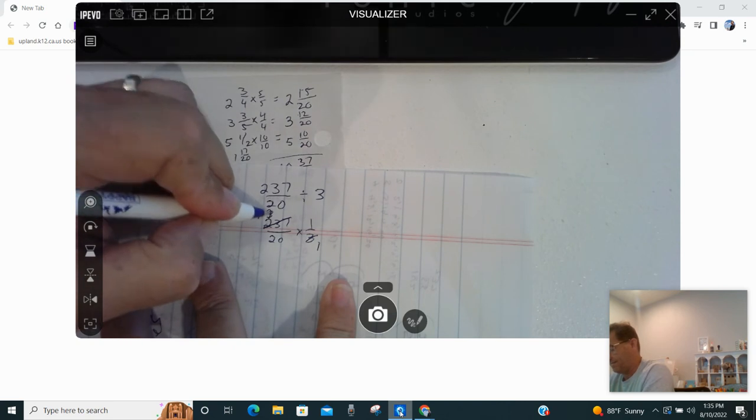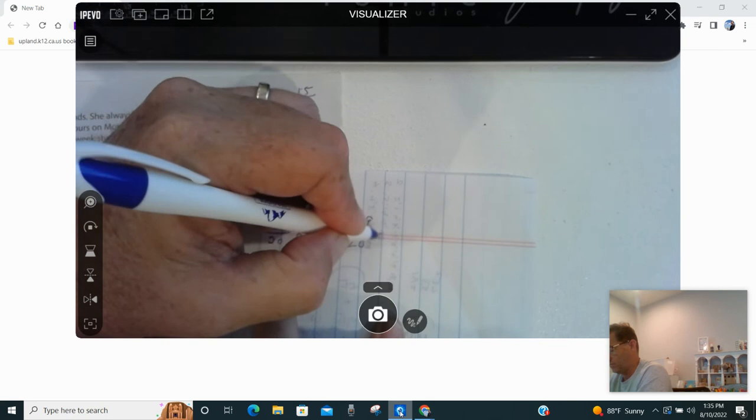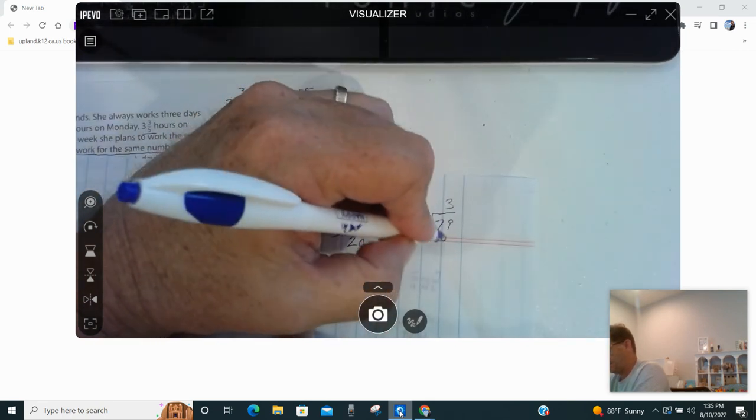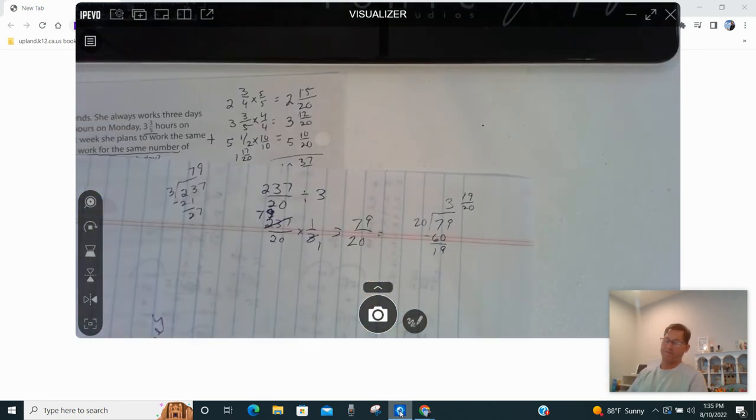So 79 over 1. So 79 divided by 20. So actually it should be 3 and 19/20ths hour.